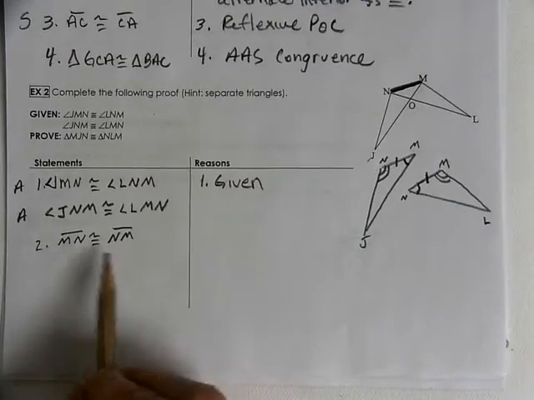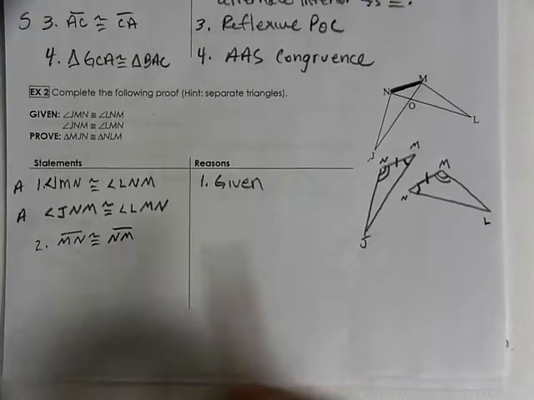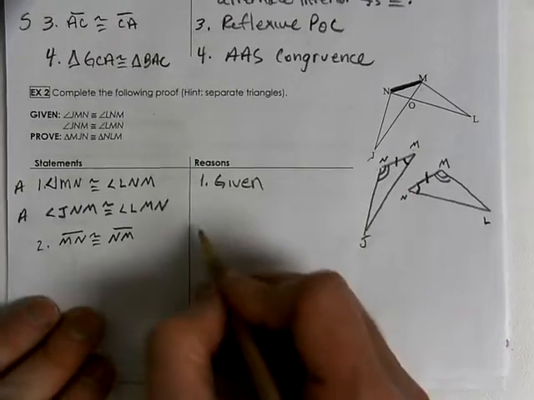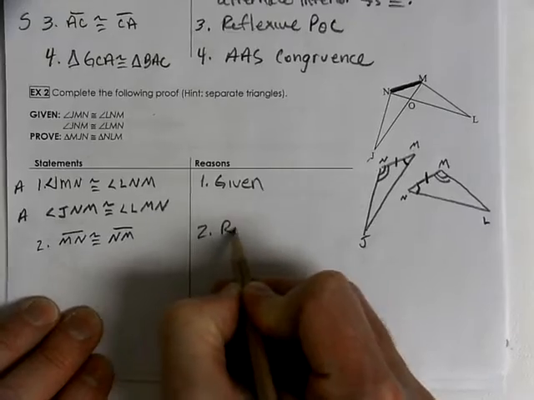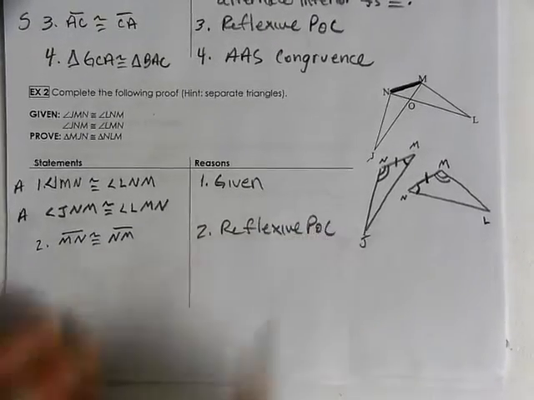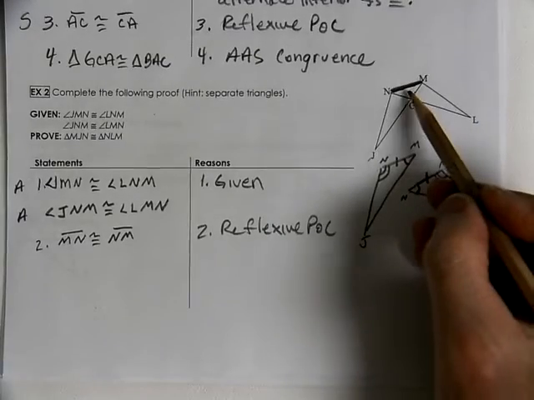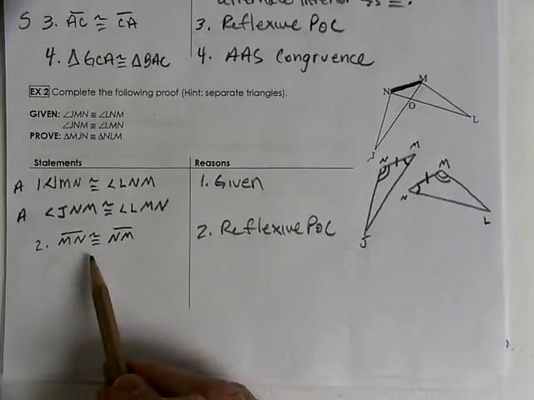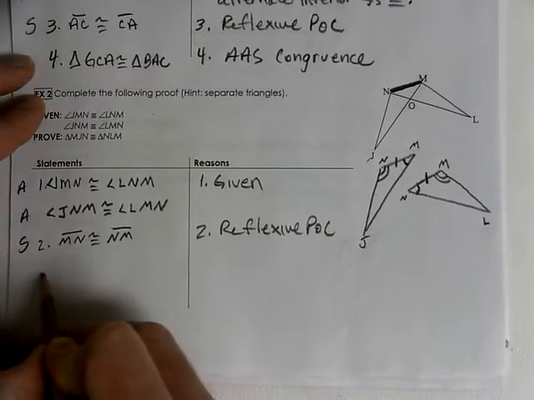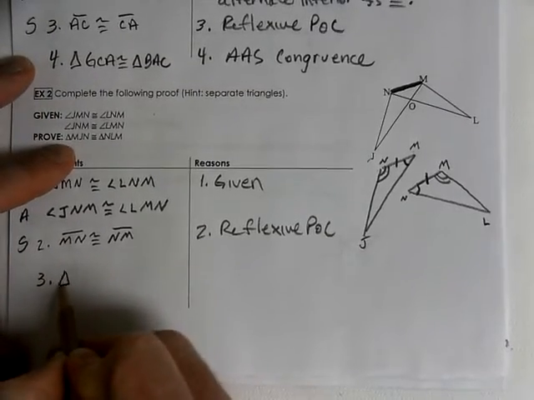However it happens, we would typically write them in opposite orders because the triangles are reflections of each other. So that again was the reflexive property. They are sharing the same side in the original picture, so that's how we know those two segments are the same.